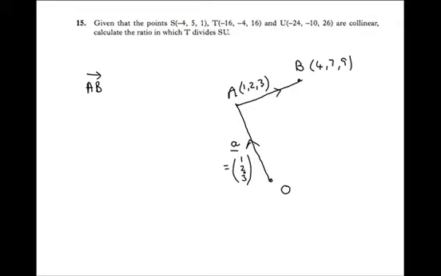So the components are just the same as the coordinates of the point. Similarly, travelling from the origin up to the point B, position vector b will have components 4, 7, 9. These are the instructions for travelling from the origin up to the point B.